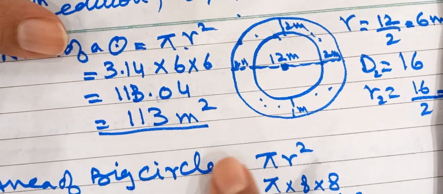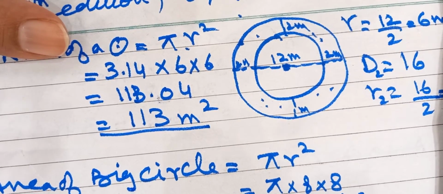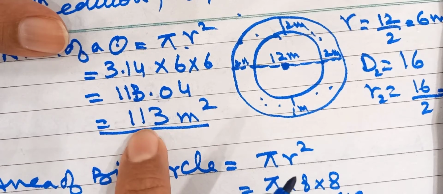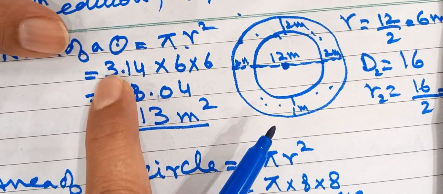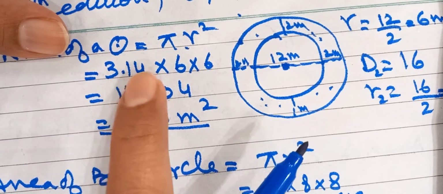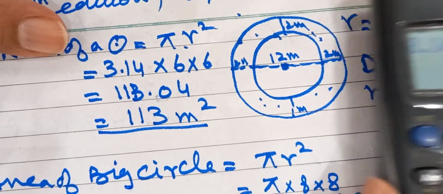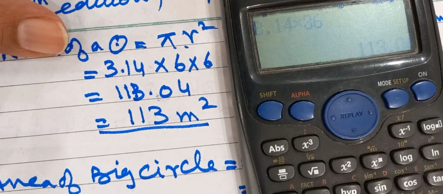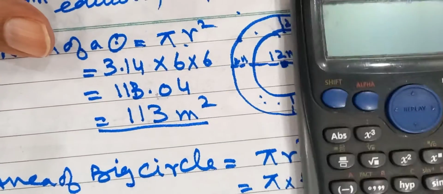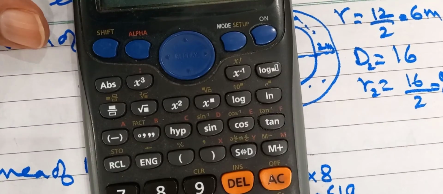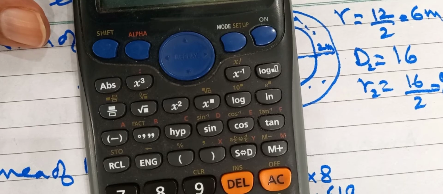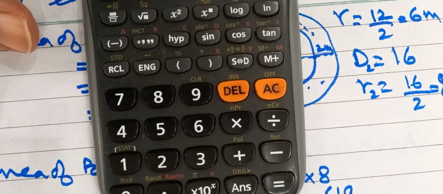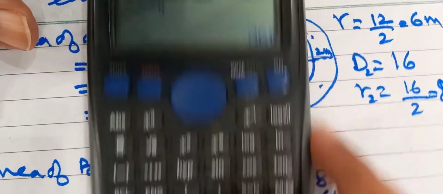Now as I have already told you, we have to calculate the cost of this path. Here I have used the value of pi as 3.14, but I'm again going to redo it using the full value of pi. Here I am going to enter pi into 6 into 6, press equal, and I get it.